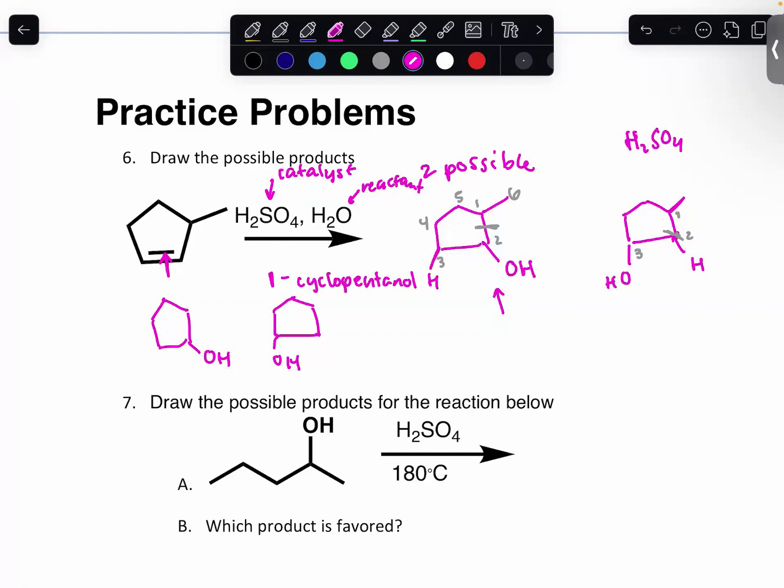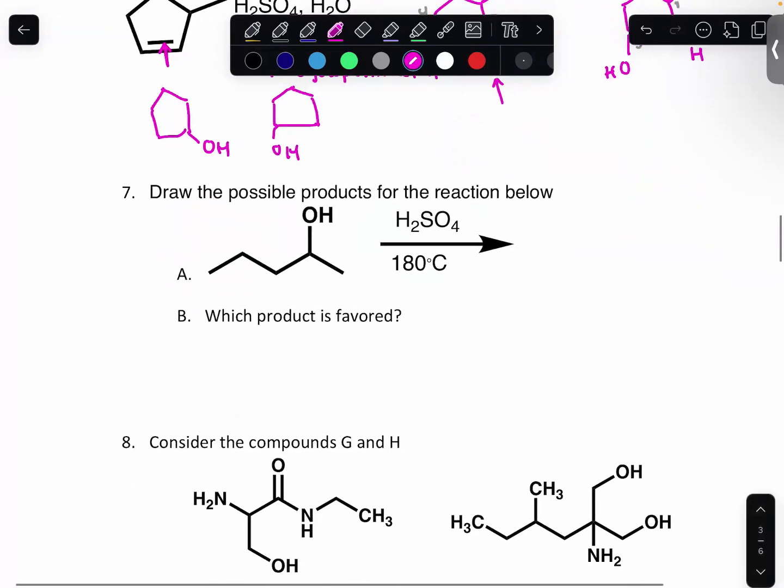Other questions? Good to move on? Okay. Draw the possible products for the reaction below. What kind of reaction is this going to be?